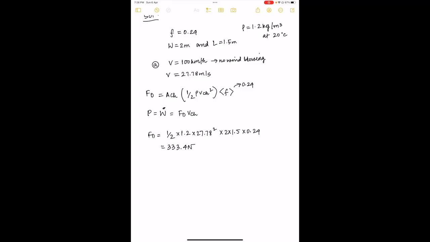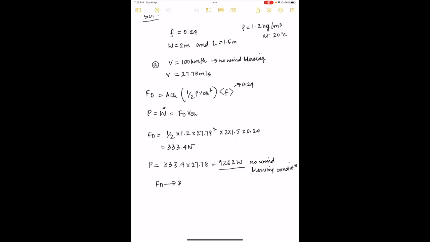Now the power consumption is equal to 333.4 Newton into 27.78, that is equal to 9262 watt. This is for the no wind blowing condition. So from drag force FD, we can calculate the power consumption for an engine.